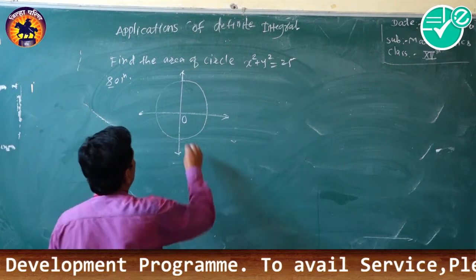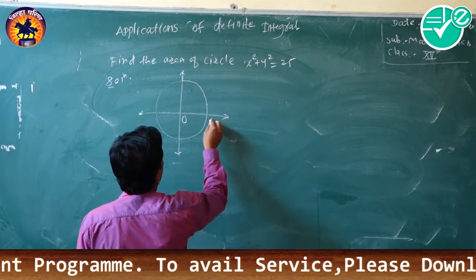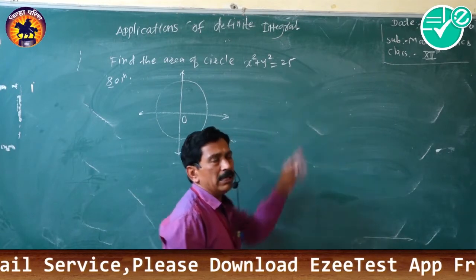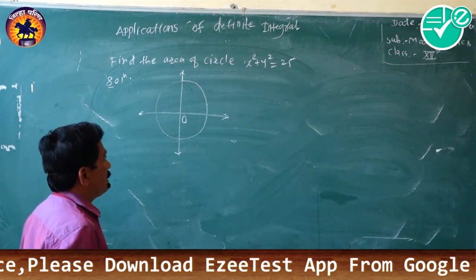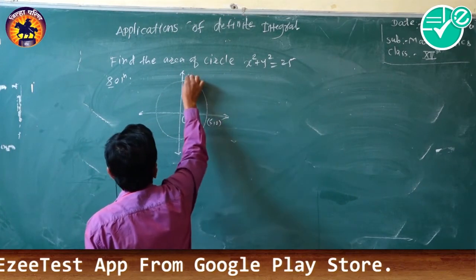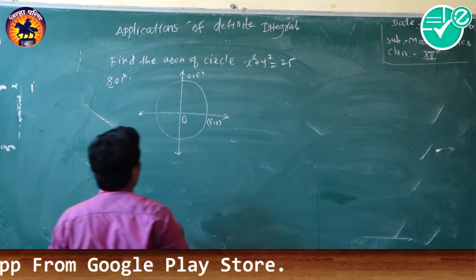Zero or origin. Now this is x square plus y square is equal to 25. It means that r is 5. Therefore we can get 5 comma 0, 0 comma 5.